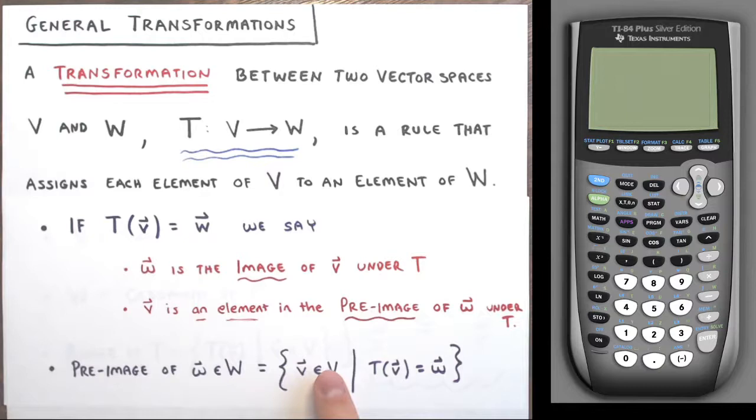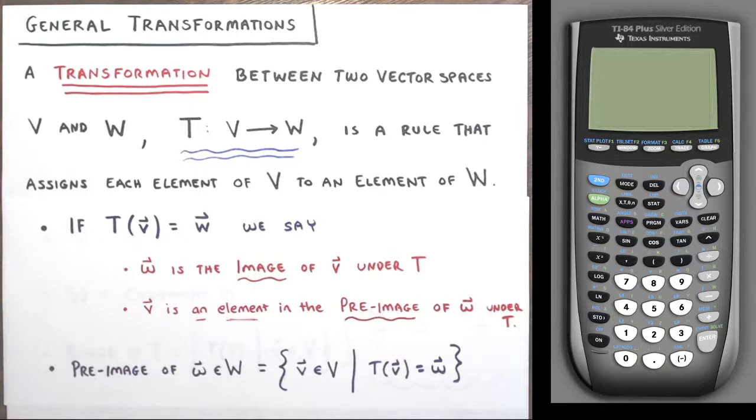It's all the inputs that I could plug into the rule and get the output of W. So the pre-image of a particular vector in the codomain might have one element in it, only one thing maps to it, might have 2 elements, 3 elements, might have infinitely many or no elements at all. It might be the empty set.